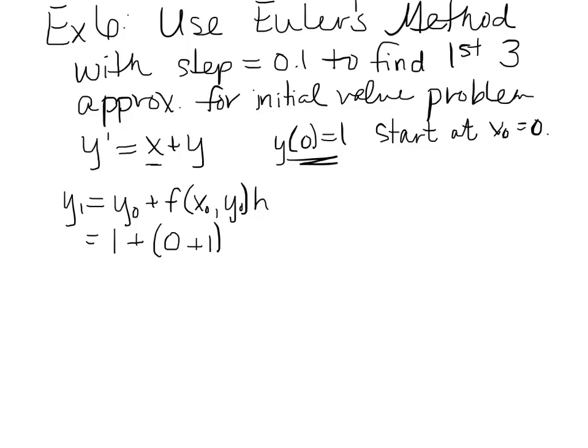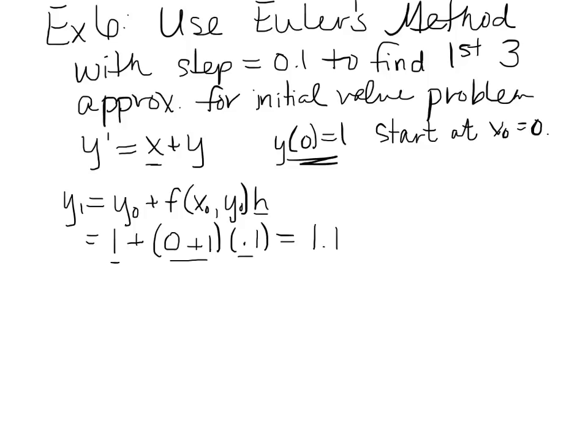And now I'm going to multiply by my h, or my step, which is 0.1. So when I simplify all of this, I have 1 plus 1 times 0.1, which is going to give me 1.1. So that's my first approximation.